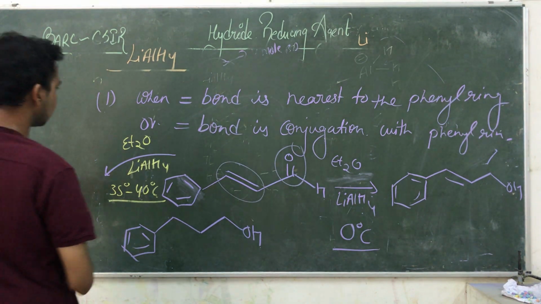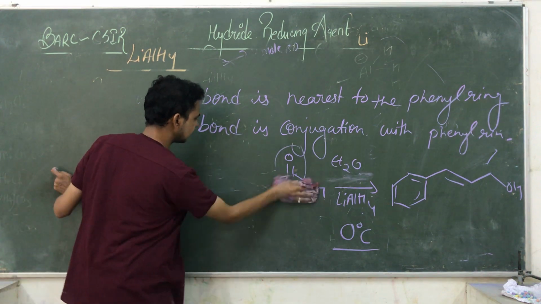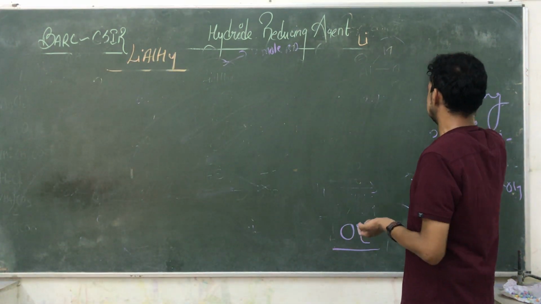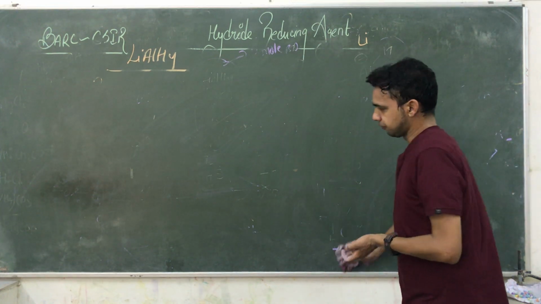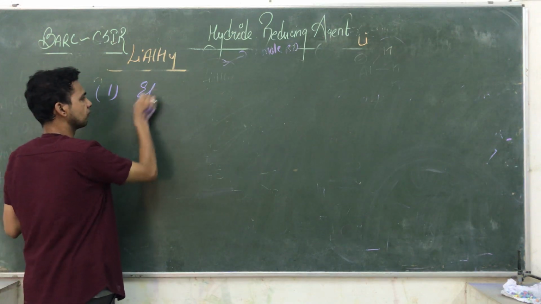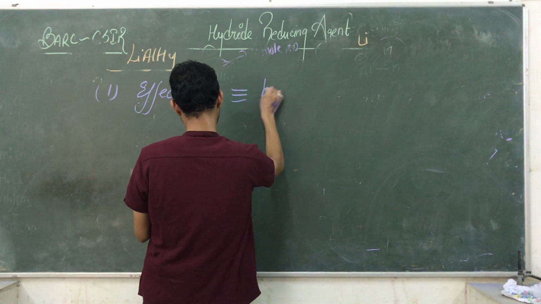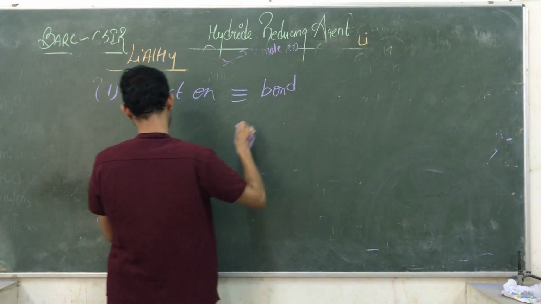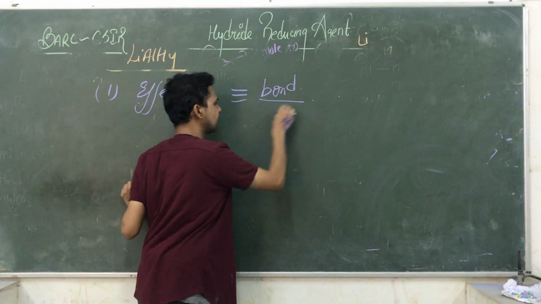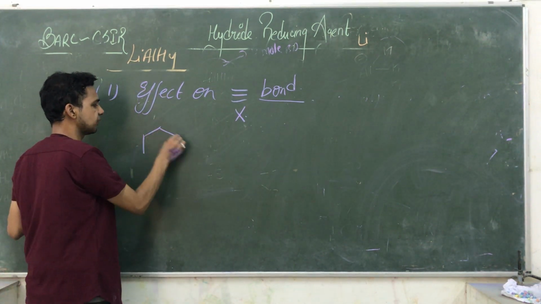So see these guys, after that one, in the next reaction we are seeing another one: another effect of lithium aluminum hydride, the effect on triple bonds. Generally, lithium aluminum hydride does not affect triple bonds, especially when a terminal triple bond is available.